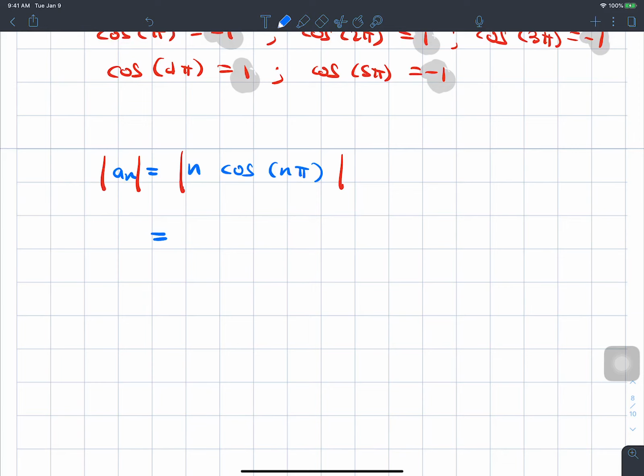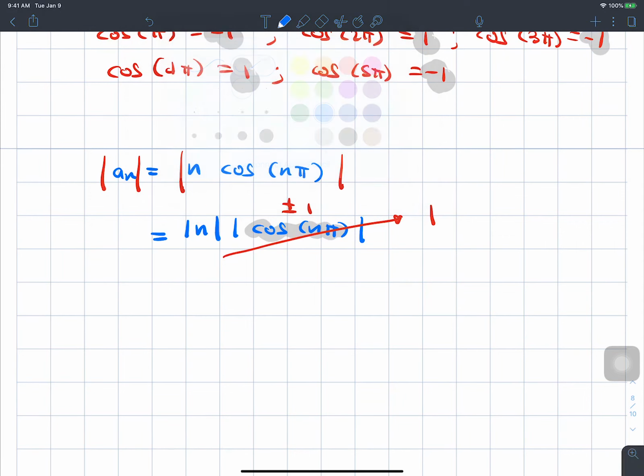By the product rule, absolute value of n, absolute value of cosine n pi. Now remember, this portion here is alternating between plus or minus 1. So the absolute value of plus or minus 1 is 1.